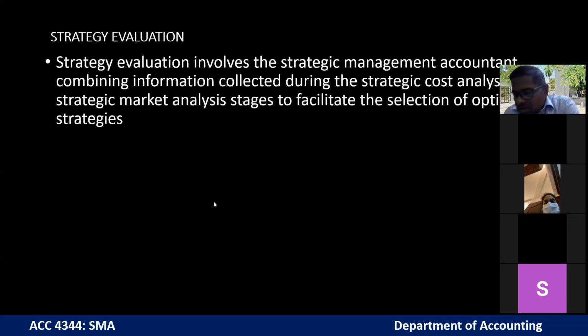So strategic evaluation, you will realize for the strategic management accountant, he or she needs more information about what is happening, what is the cost structure, not the cost structure in relation to yourself, your business only, but cost structure in relation to the competitors, and also the product requirement in relation to customer requirement, in relation to particular segment requirements.